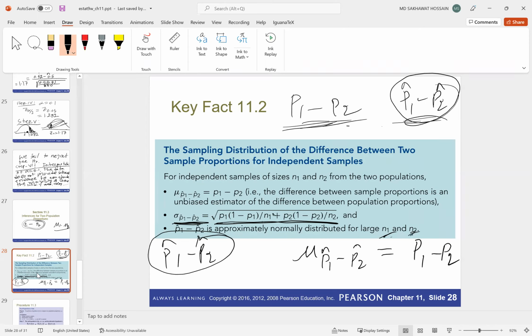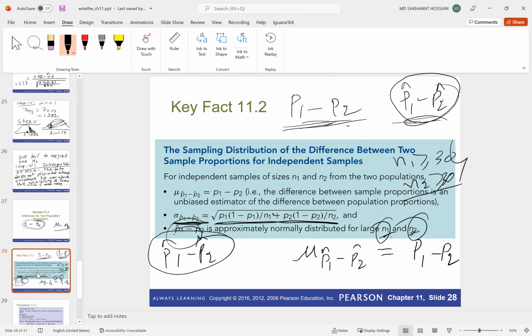Large usually means N is greater than or equal to 30. So N1 should be greater than or equal to 30, and N2 also should be greater than or equal to 30.